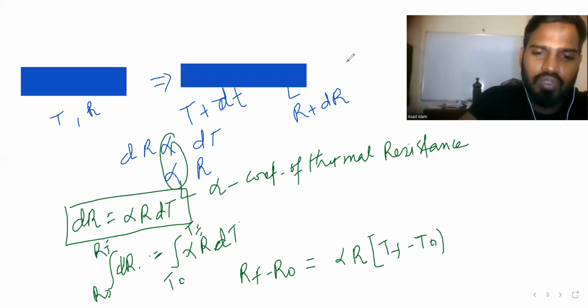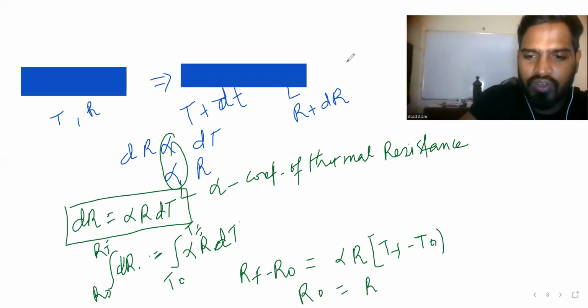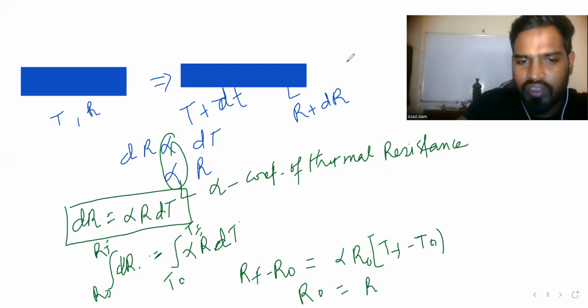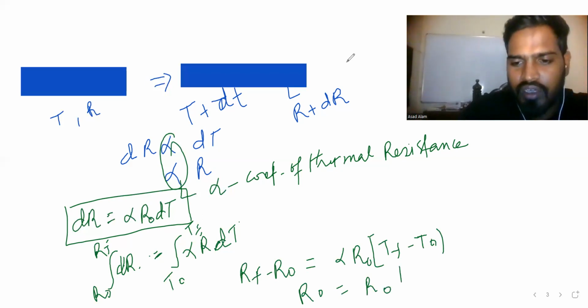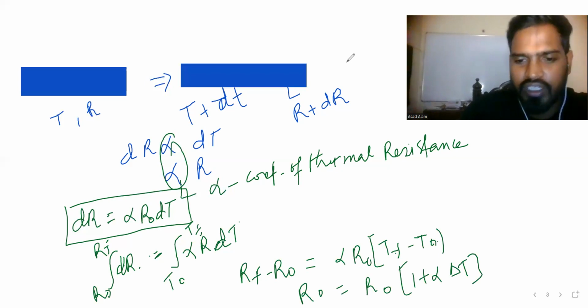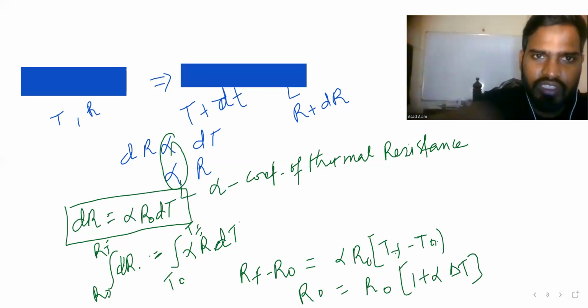All right, so rf is equal to r naught into 1 plus alpha, T final minus T initial, that we took as delta T.